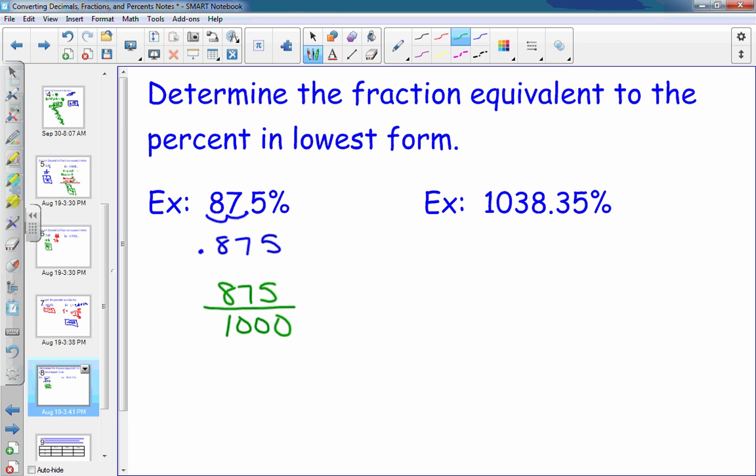Okay. Now what do I have to do? Reduce. Think money. Go by quarters. You with me? So on your calculator, take 875 and divide it by 25. What does that give you? 35.